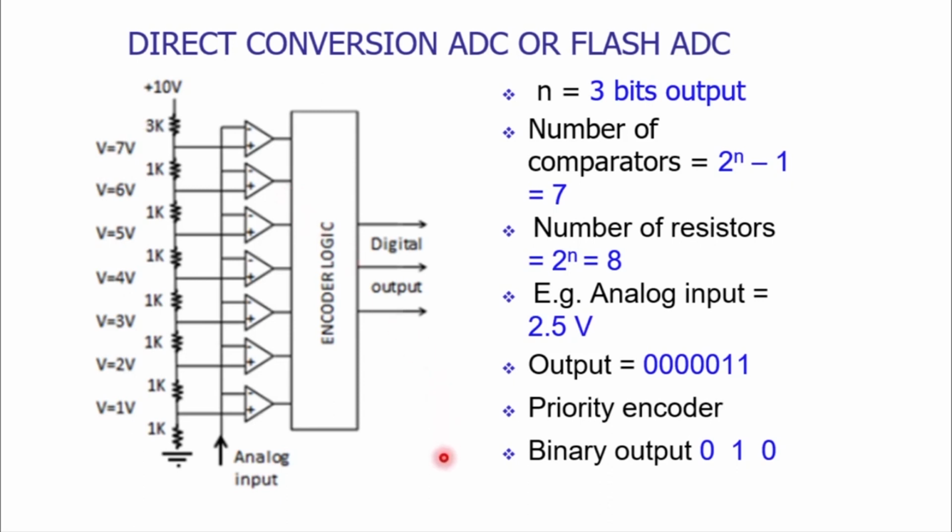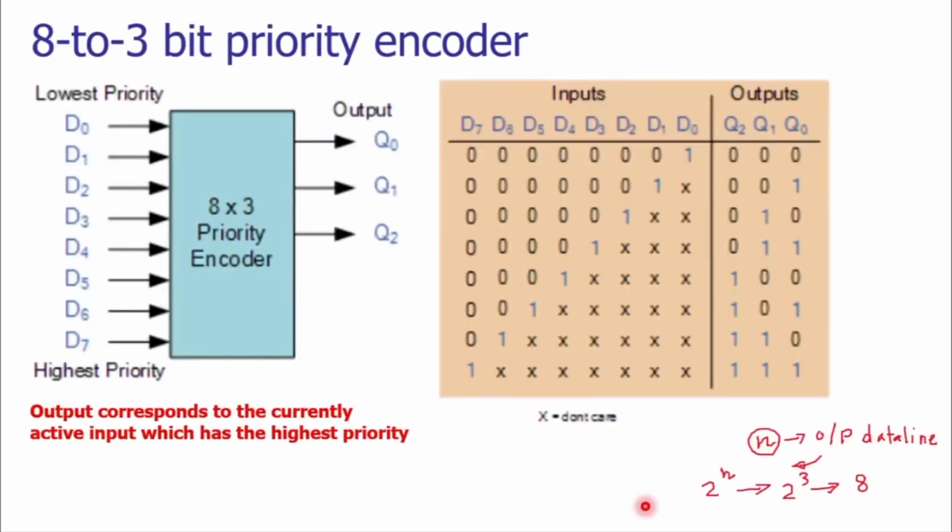So for that purpose, if you go back to the truth table, D6 is 1. If D6 is giving high level output, then the effects at D5 to D0 would be ignored.